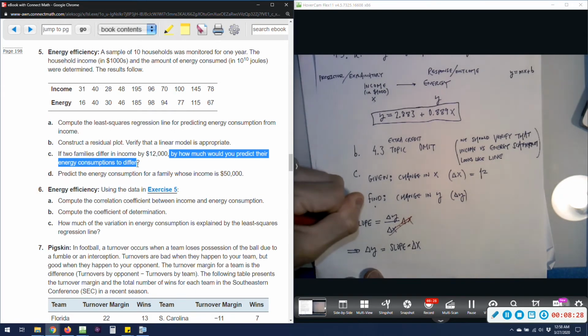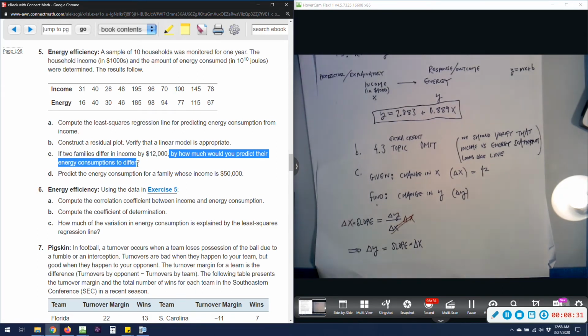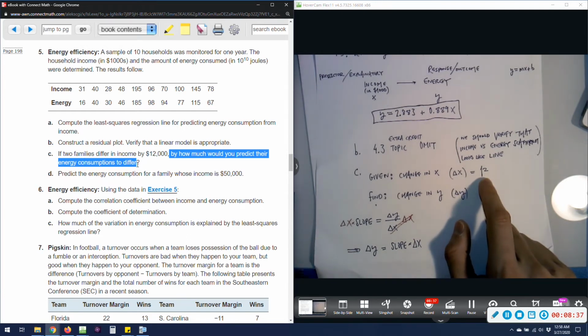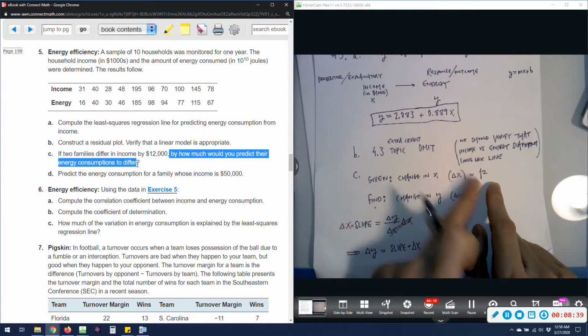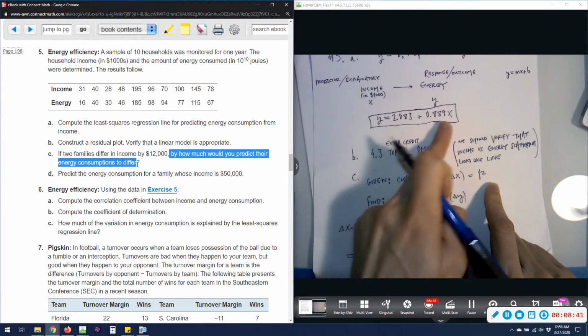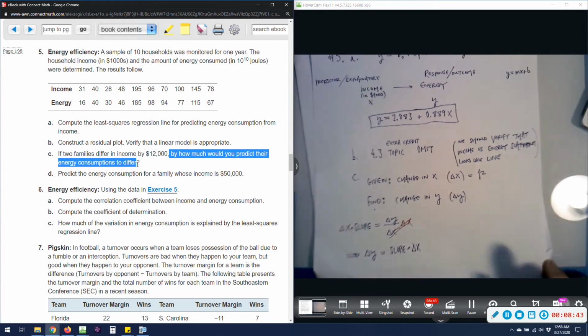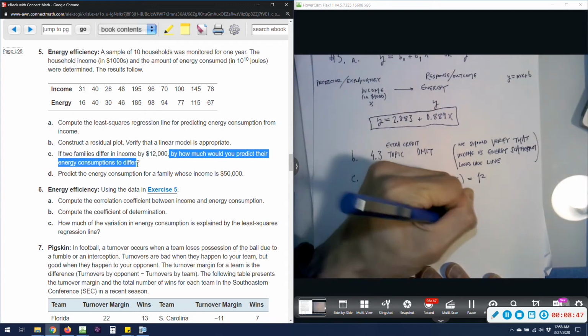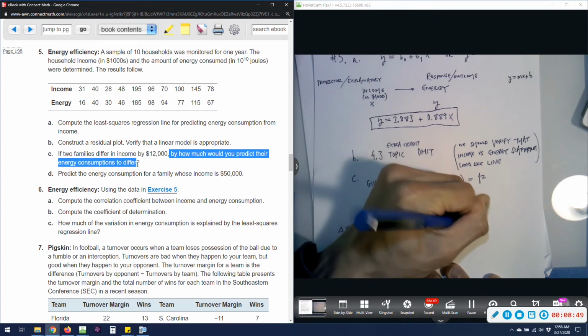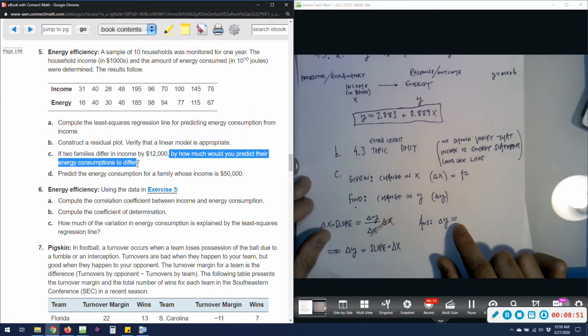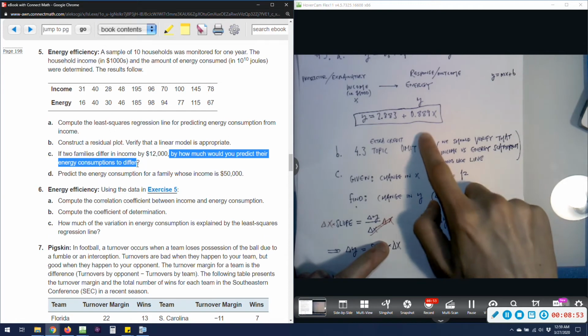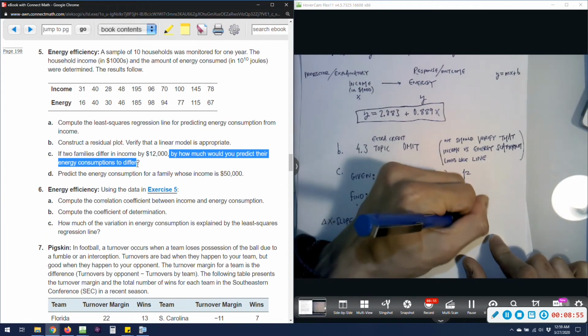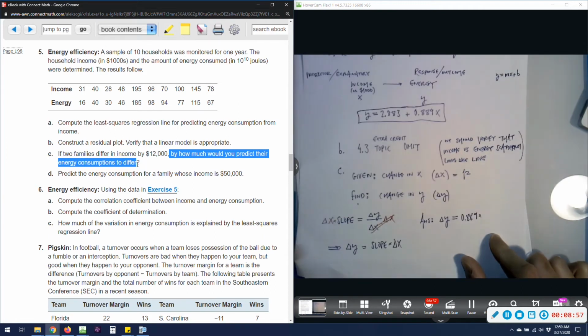So the answer here is just, take delta X, which is 12, and multiply by the slope. The slope is the thing that's next to the X here. So the answer, delta Y, is equal to the slope, which is 0.889, times 12.